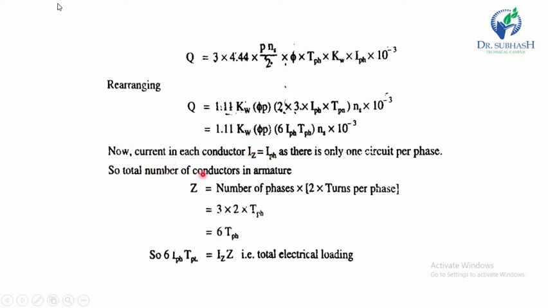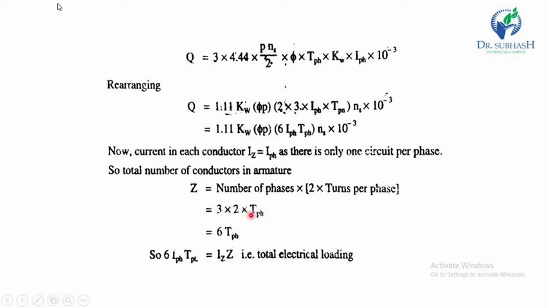Now the total number of conductors in the armature is Z. So Z is equal to the total number of phases into 2 into the number of turns per phase. The number of phases is equal to 3, and the turns per phase is equal to PPH.